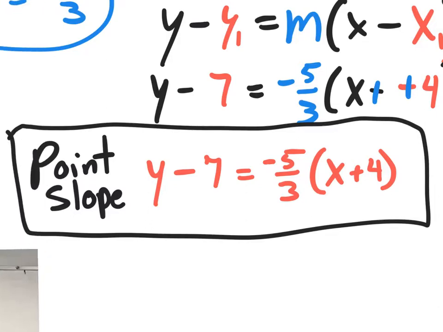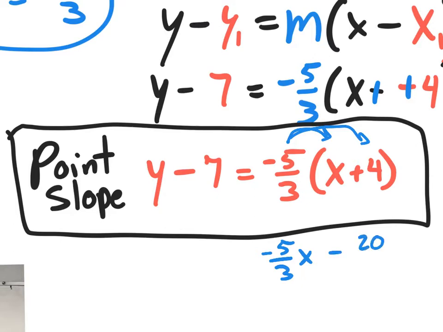By distributing, right? Okay, so let me actually distribute. I'm going to take the negative 5/3 and distribute it to the x, and negative 5/3 distribute it to the 4. So I'll have negative 5/3 x, and then the 4, I need to technically put over 1, and negative 5/3 times 4 over 1 is going to be negative 20 over 3.